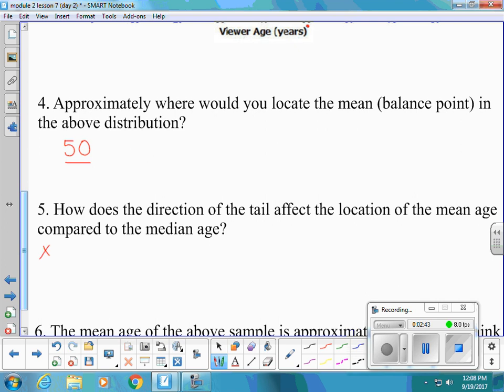Okay, so first of all, the tail is to the left, which at the left of the number line is the lower numbers. So what that's going to do is make the mean lower than the median.